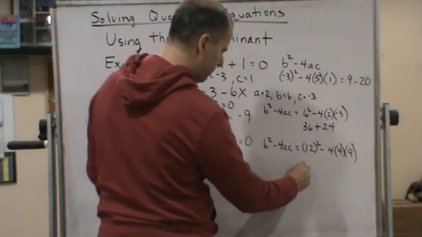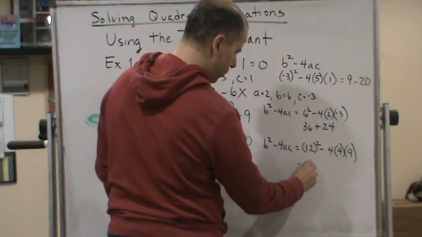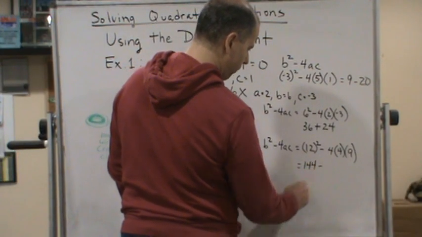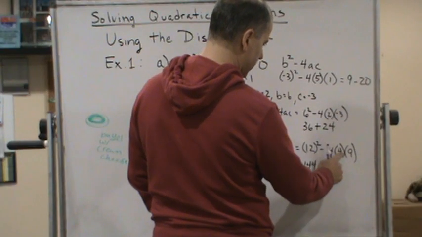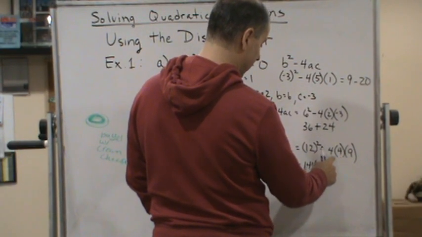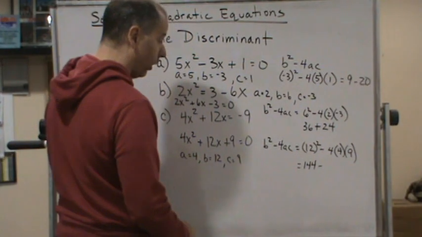So now if I simplify this, 12 squared is 144, minus, well, 4 times 9 is 36, times 4.